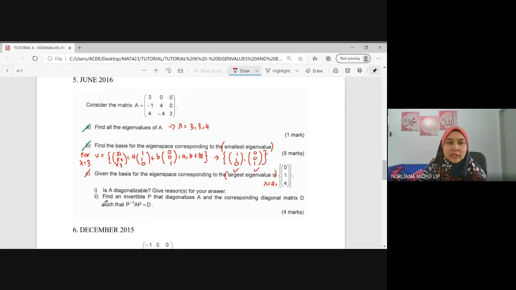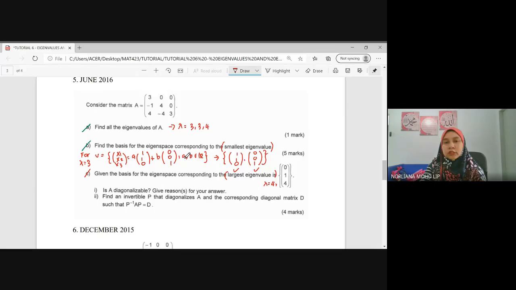Okay, A is diagonalizable. Give reasons for your answer. The first condition is not proven; it should have 3 distinct eigenvalues, but here there are only 2 distinct eigenvalues.